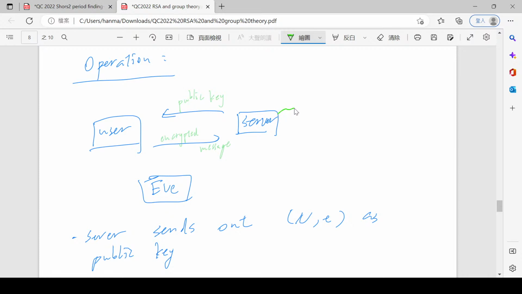The server also holds a secret here, and the point is that only the server can efficiently decrypt the encrypted message with its secret. And some bad guy outside also gets the public key and can see the encrypted message, but cannot really decrypt it.